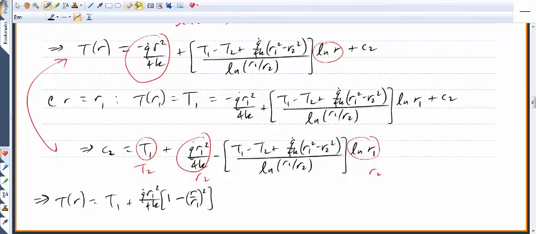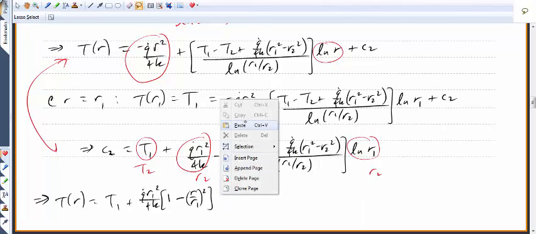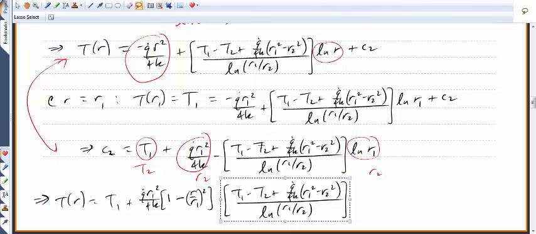Next, we're going to grab our term in square brackets. So we have a minus and then the term in square brackets times natural log of r1 minus natural log of r, so it'll be natural log of r1 over r.